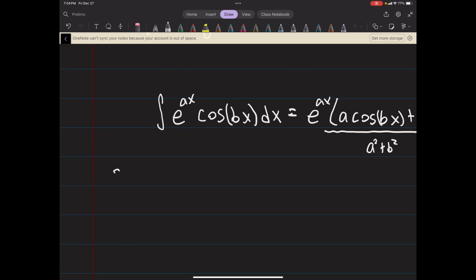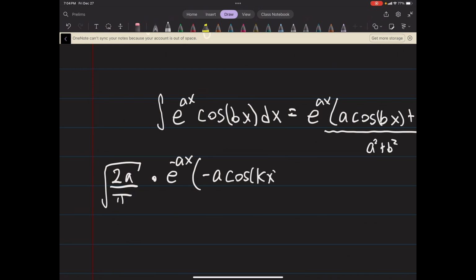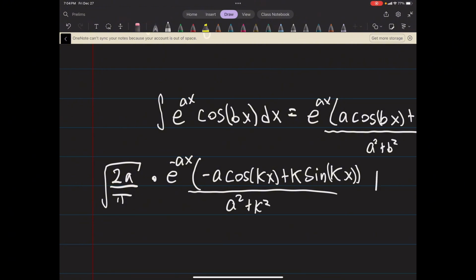So in our case we have 2a over pi, square root, times e to the minus ax times minus a cosine kx plus k sine kx, all over a squared plus k squared, evaluated from 0 to infinity.